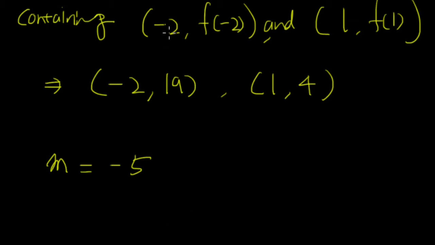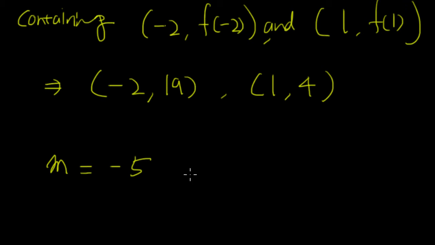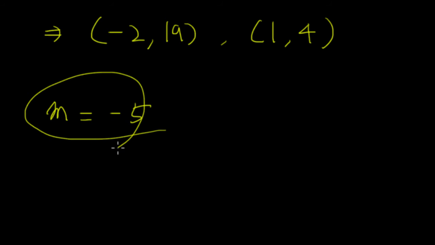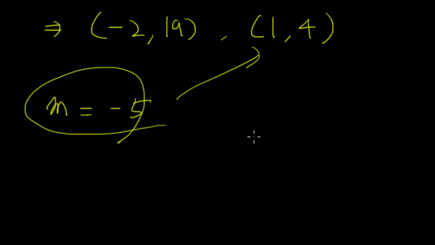So I'm going to use this m, negative 5, and 1 point. I can choose this point, it doesn't really matter. I'll probably choose this point because it looks easier. And remember that formula when we have a point and a slope? y minus y1 equals m times x minus x1. Remember that point-slope formula?